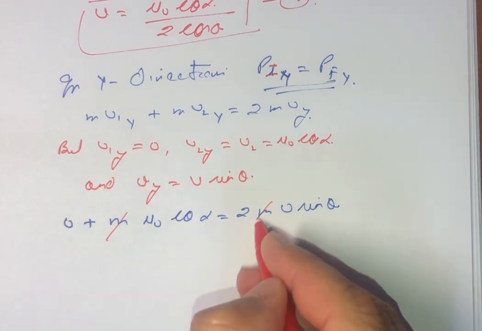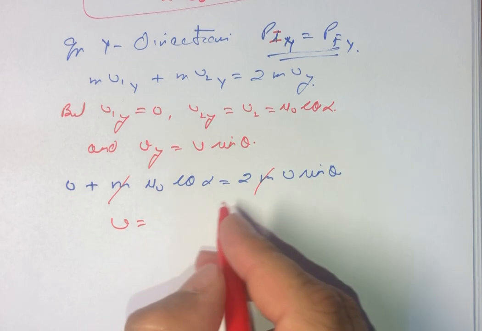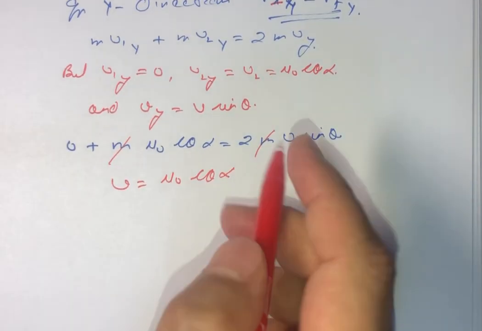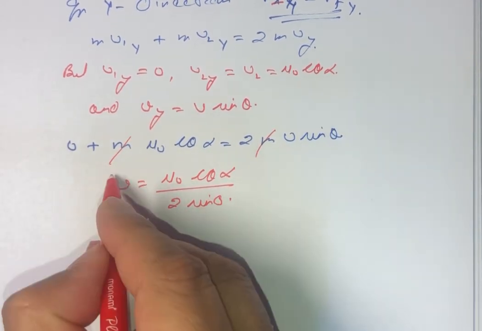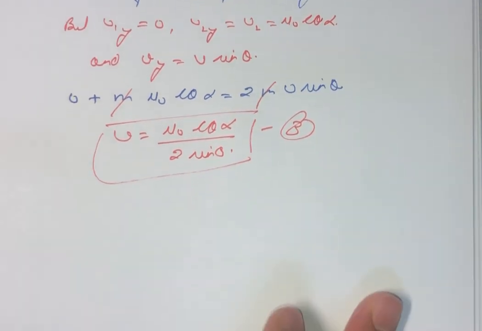So m and m cancels out. So from here also we can say v is equal to u naught cos of alpha divided by 2 sine of theta. Let this be equation number 3.